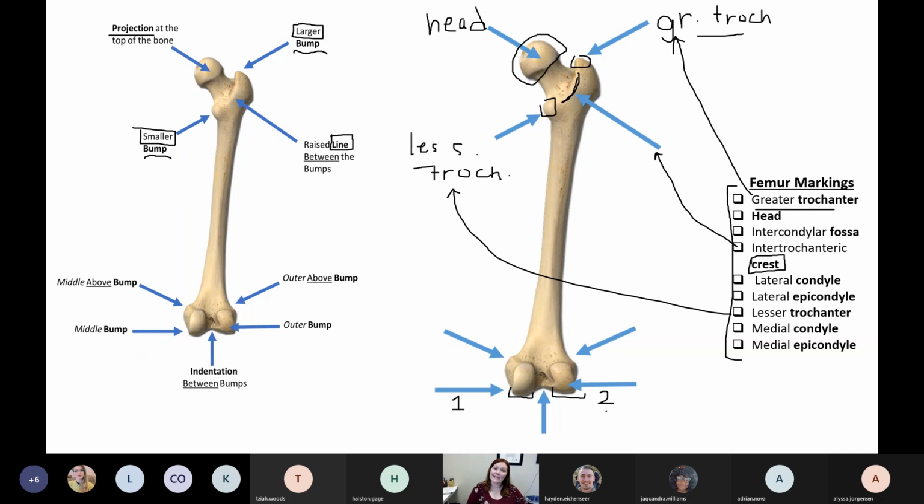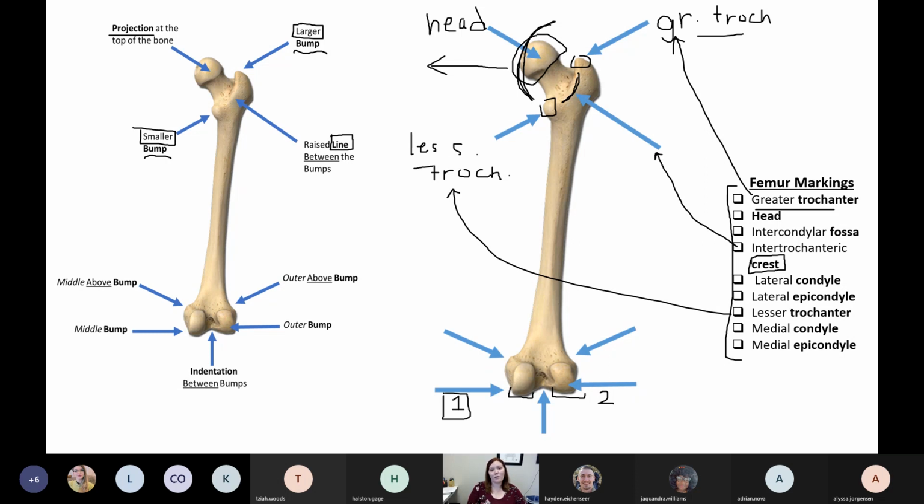When I talk about the way that the femur interacts with your pelvis, with your hip, let me get my drawer back right here. This is where the socket would be for the hip. So this is the middle of my body, which means that my bump that's closer to the middle part of the body is the one that's over here.